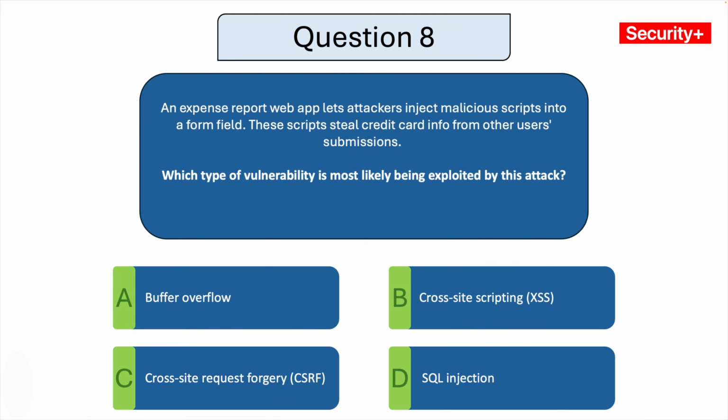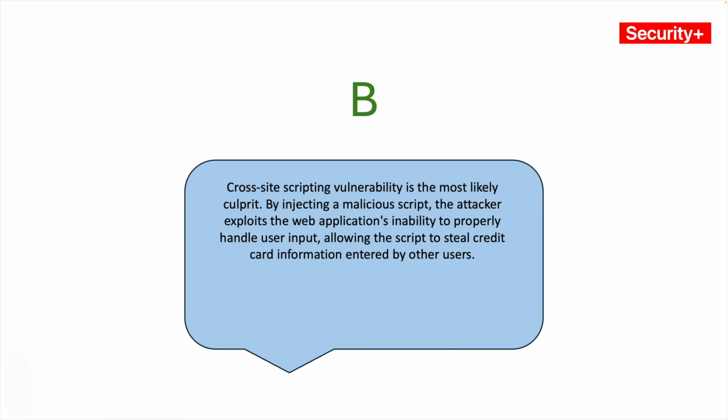So I'm going to go with B, cross-site scripting. Cross-site scripting vulnerability is the most likely culprit. By injecting a malicious script, the attacker exploits the web application's inability to properly handle user input, allowing the script to steal credit card information entered by other users.